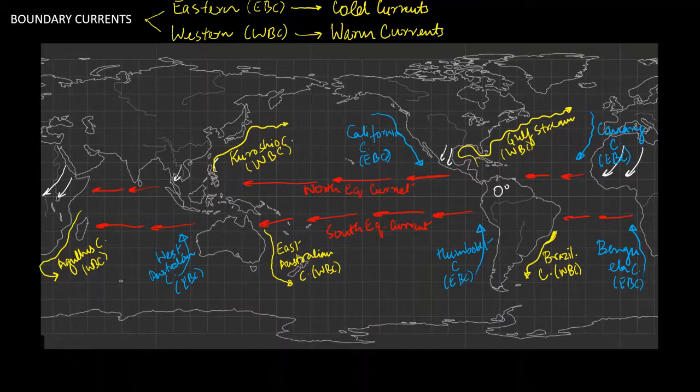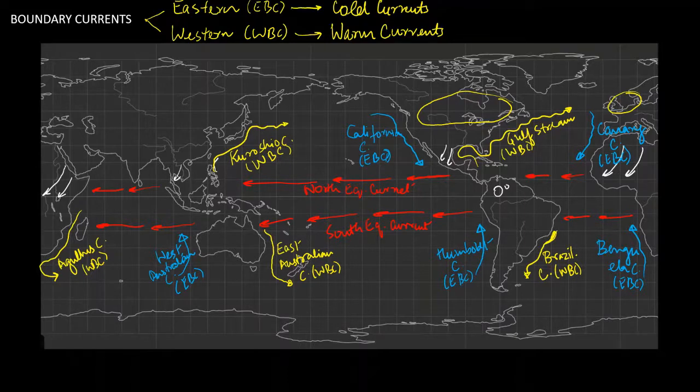Now you can guess the importance of these currents, because imagine if Kuroshio current or Gulf Stream were not transporting warm water to the high latitude regions, like here in these latitudes, then these areas would have been under permanent cold conditions.